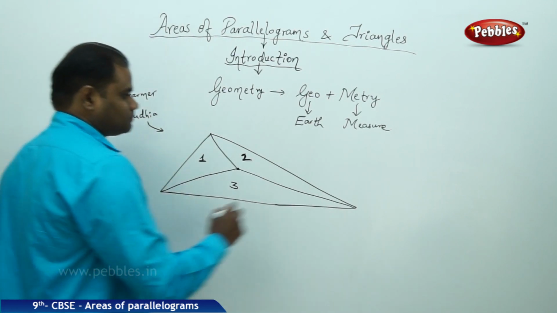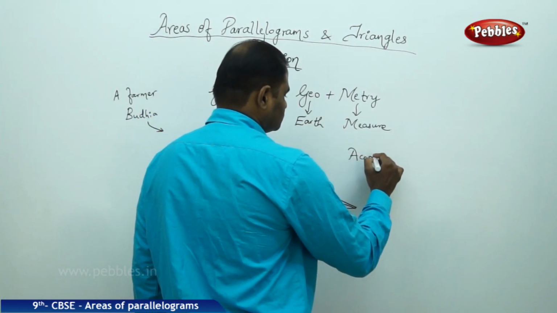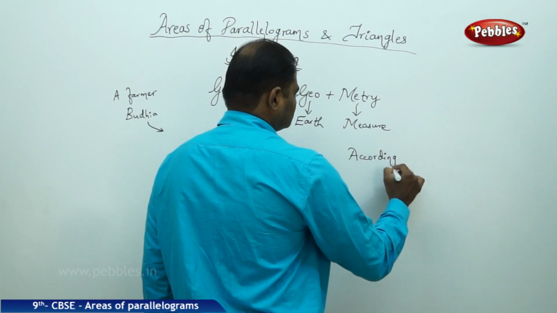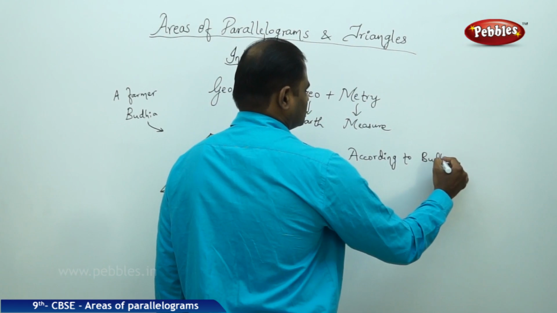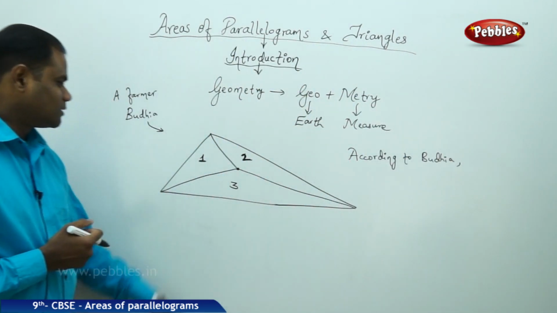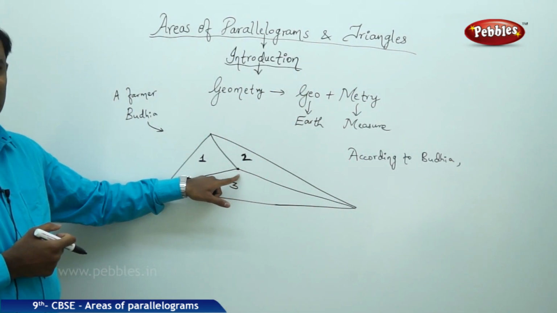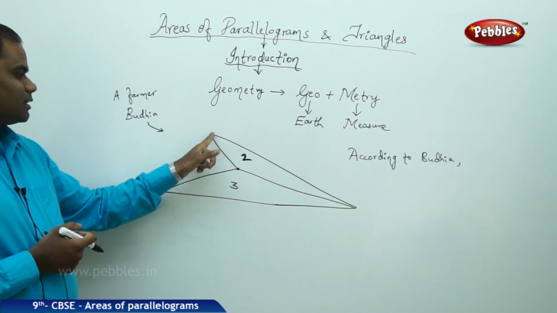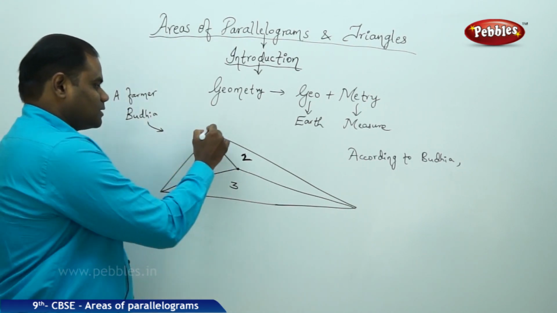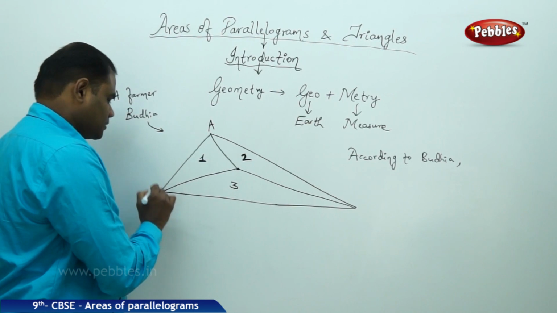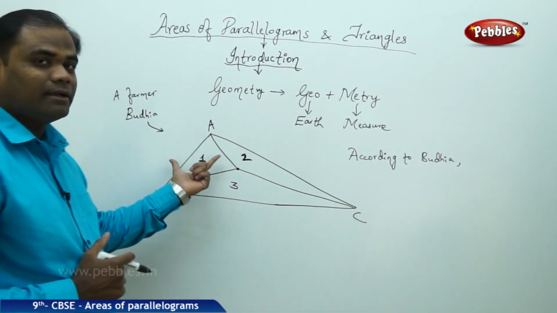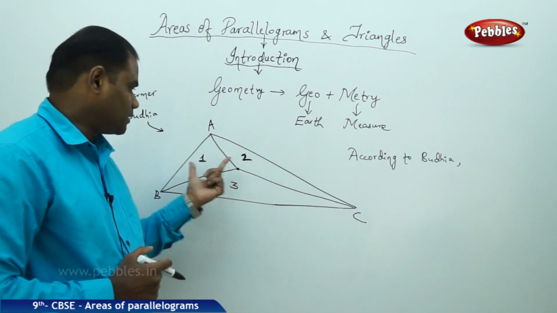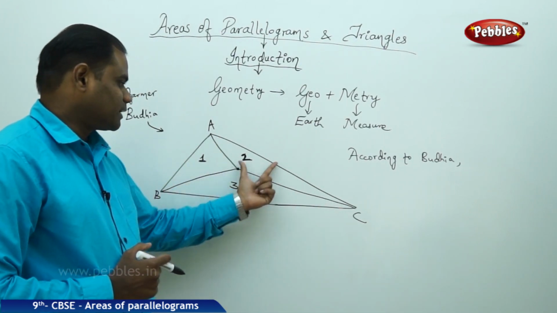According to Budhia, from the approximate center, the cuts to each of the vertices A, B, C of his agricultural land divide the whole triangular piece into three parts: first, second and third.